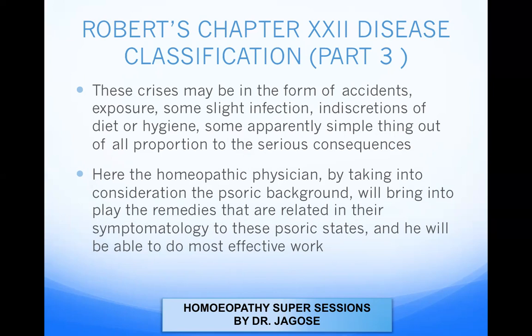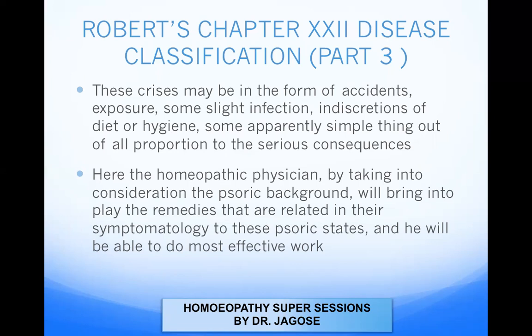Besides the environmental factors, it can also be any accidents, exposure, some slight infection, or some problem in the diet or hygiene of the individual, or some apparently simple thing out of all proportion to the serious consequences. Or it may be a small factor or small incident which may not be of very serious consequence. So these are the different crises which may trigger off the latent miasm.